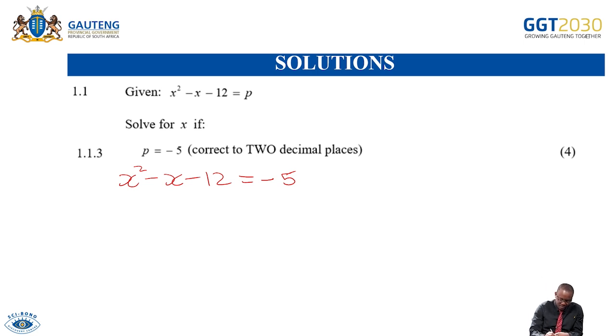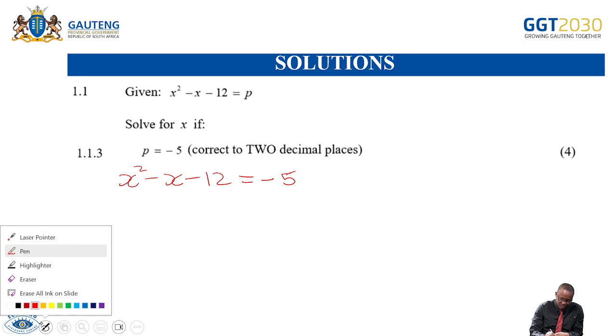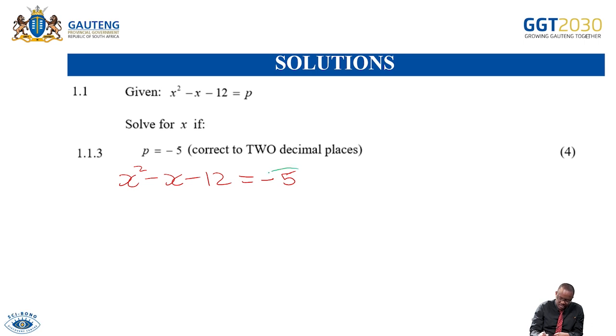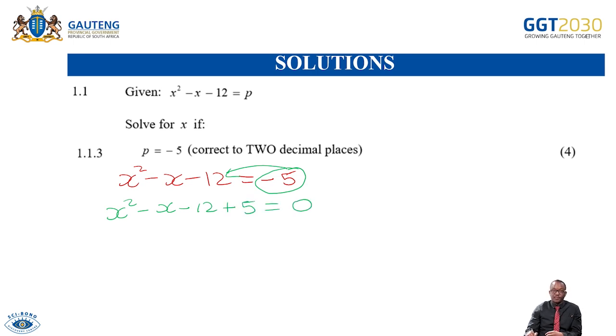Then how are we going to equate it to 0? We are going to transpose this -5 to the left hand side. As you transpose it, you are going to have x squared minus x minus 12 plus 5 is equal to 0. Then now you can add your like terms. We have x squared minus x. Then if you say -12 plus 5, you are going to get -7 is equal to 0.